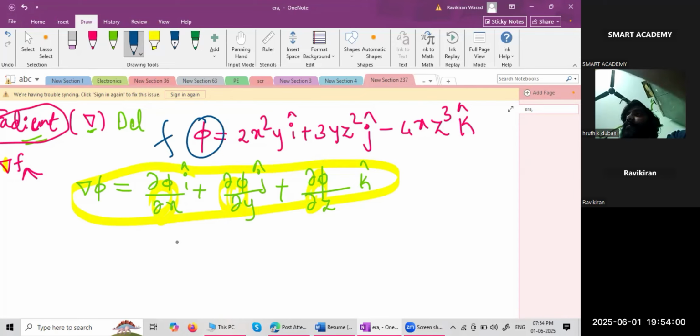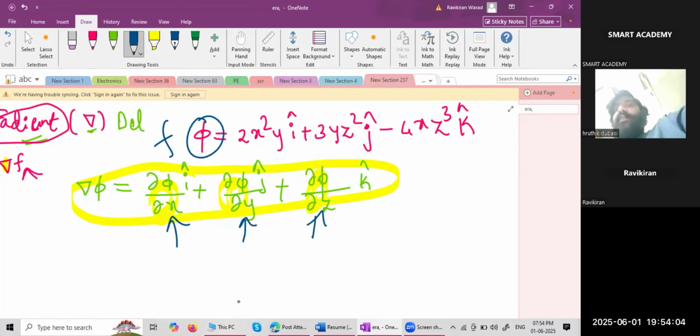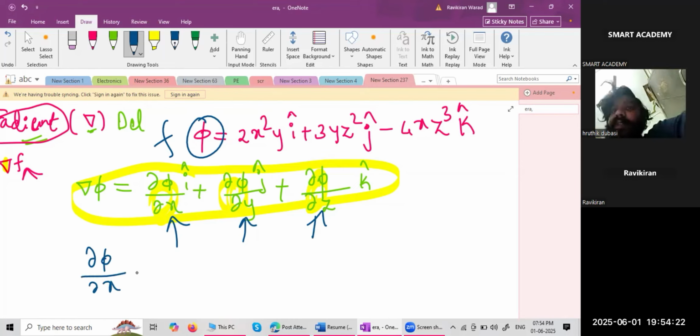What do we need to find? This one, this one, and this one. After finding these three, we can substitute here, here, and here. Very simple. Now, the next one is dou phi by dou x. What is the meaning of dou phi by dou x?